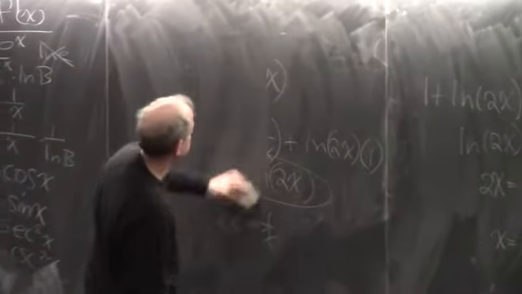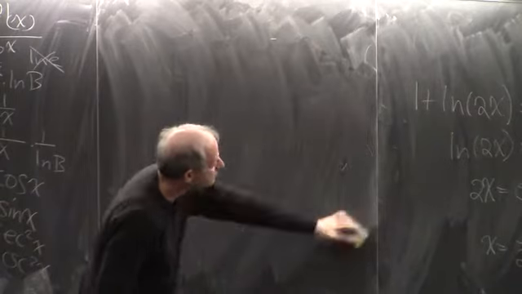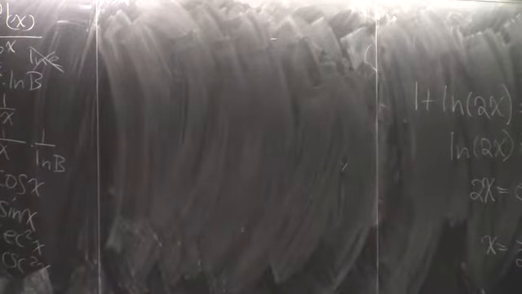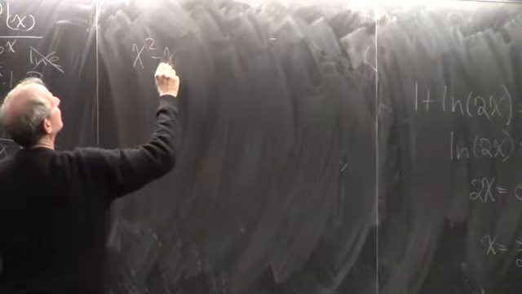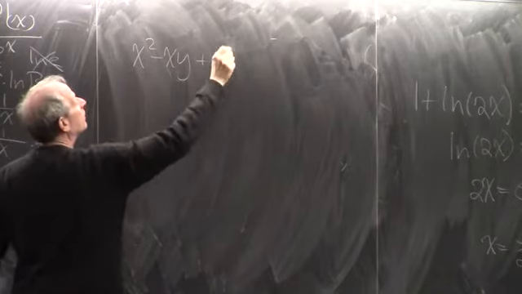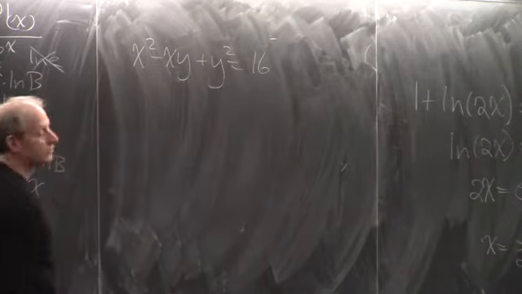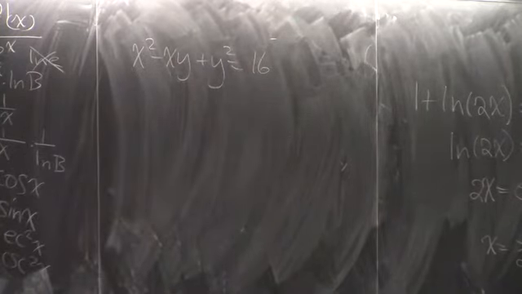Find where this ellipse intersects the x-axis. Because of course it's an ellipse. Okay, something intersects the x-axis where y is 0, and it intersects the y-axis where x is 0.